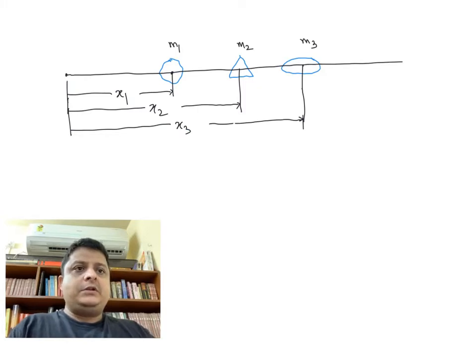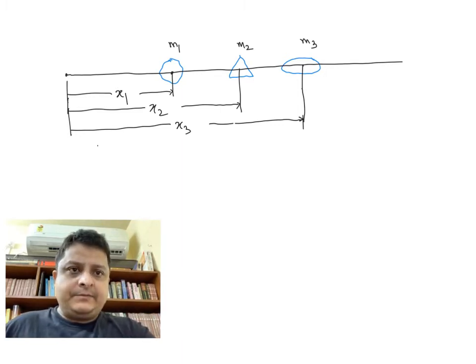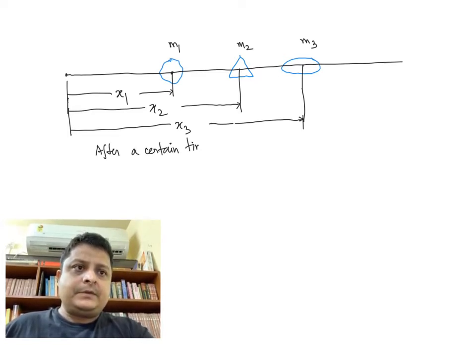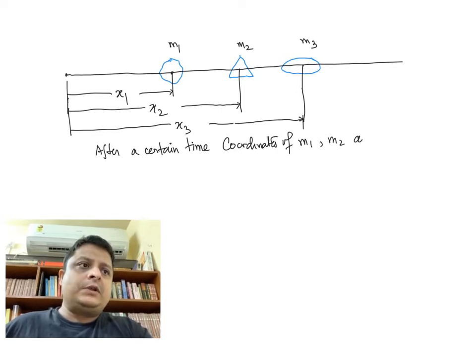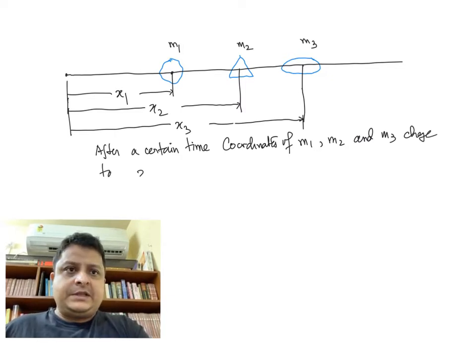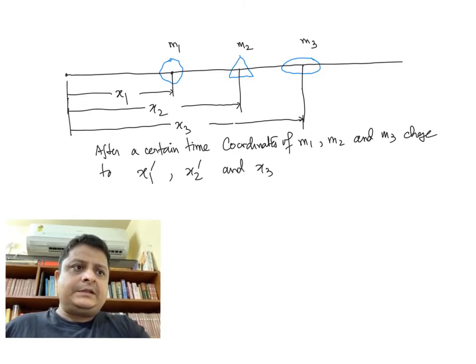See, in this situation, at a certain time the coordinates of the centers of mass of the bodies m1, m2 and m3 are x1, x2 and x3 as shown in the figure. Now after a certain time the coordinates of m1, m2 and m3 change to x1 prime, x2 prime and x3 prime respectively.